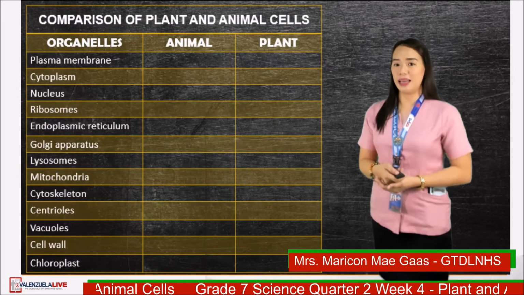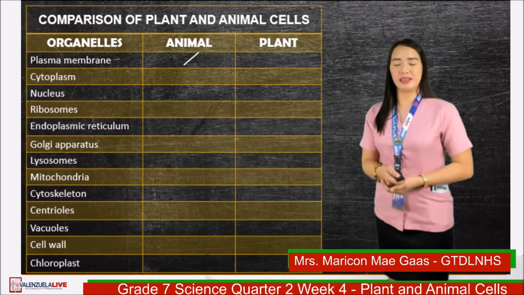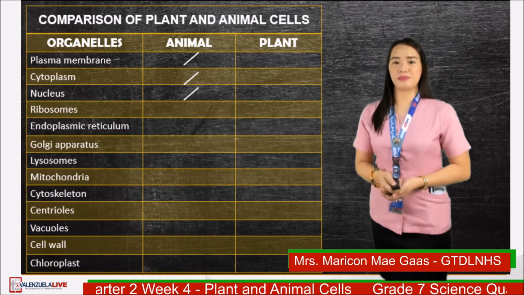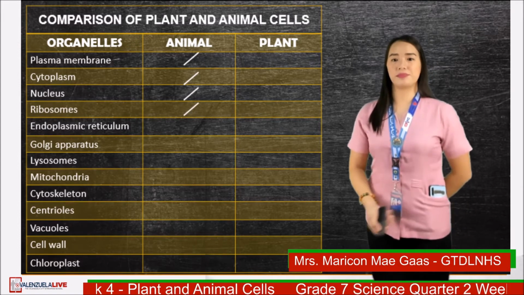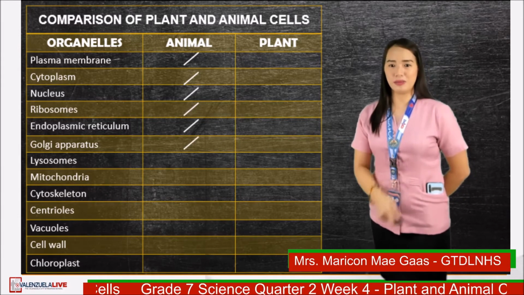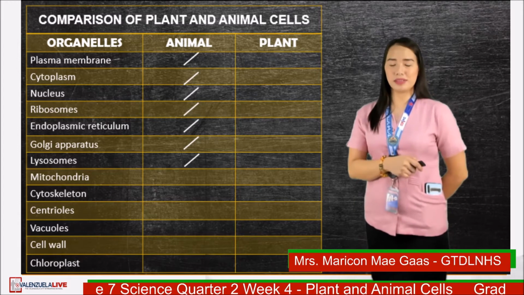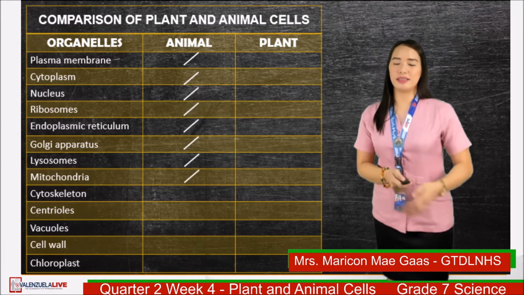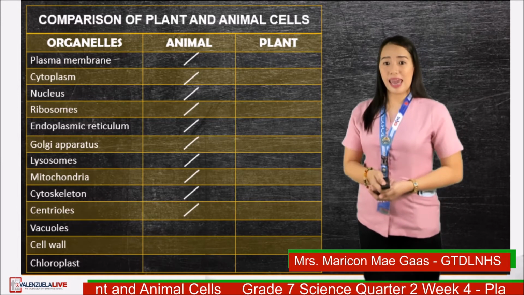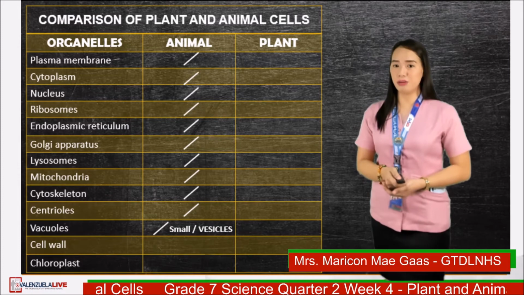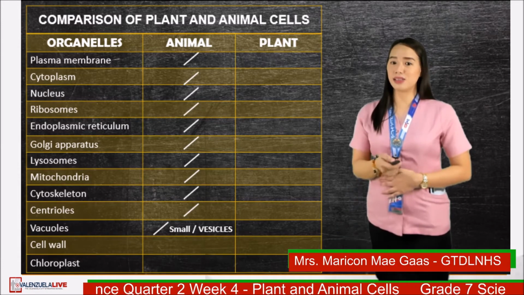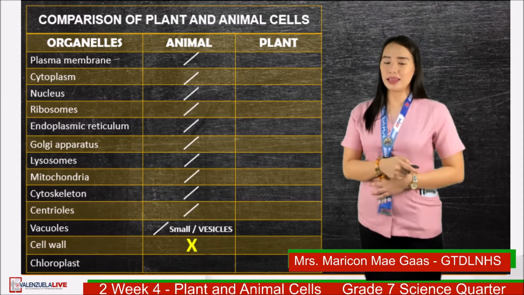Animal cell has plasma membrane, cytoplasm, nucleus, ribosomes, endoplasmic reticulum, Golgi apparatus, lysosomes, mitochondria, cytoskeleton, centrioles, and small vacuoles known as vesicles, while animal cell has no cell wall and chloroplast.